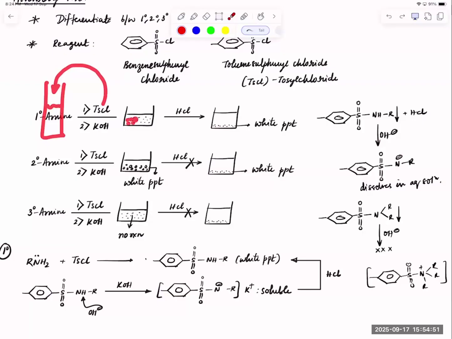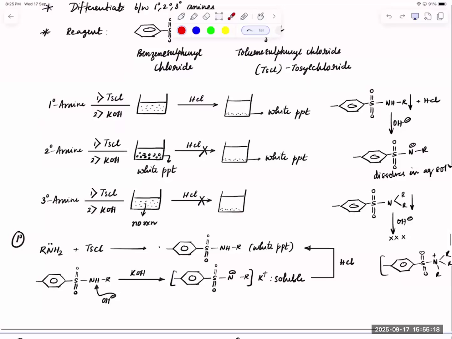And immediately you're supposed to get a precipitate. Correct? White PPT. And the minute you add KOH, the white PPT should get dissolved again. And again, when you add HCl, it should regain back that white PPT. So this series shows how 1 degree amine works with tosyl chloride.